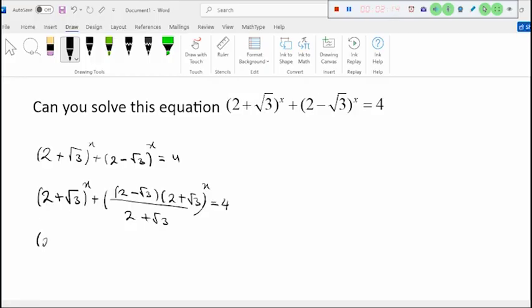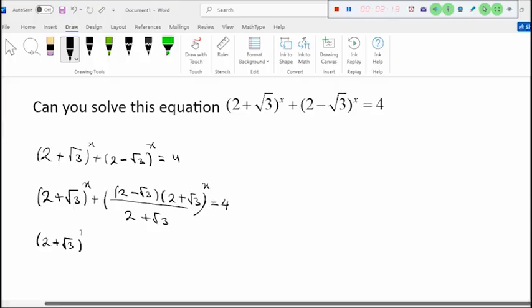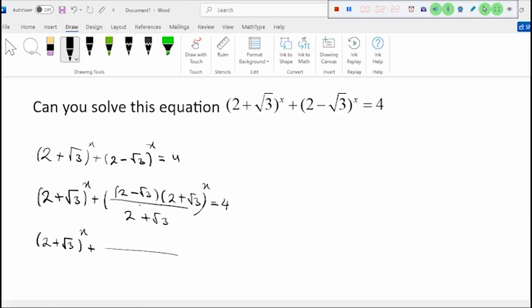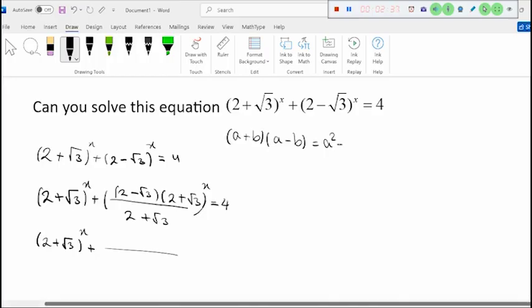Here we can write (2 + √3)^x plus, according to the conjugate properties, you know (a + b) multiplied by (a − b) equals a² − b².